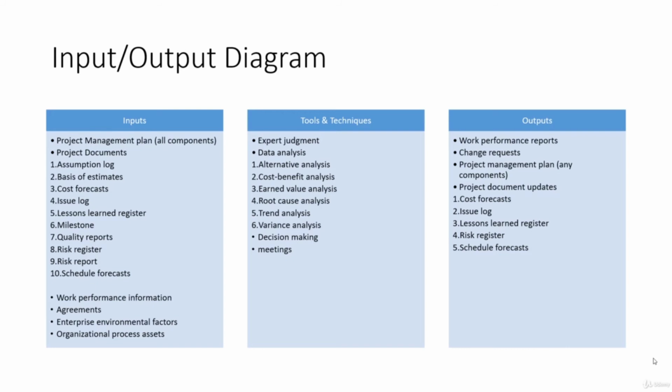And then we have tools and techniques. So we have expert judgment, data analysis, and within data analysis we have alternative analysis, cost benefit analysis, earned value analysis, root cause analysis, trend analysis, variance analysis. So alternative analysis is basically used to select the corrective actions or a combination of corrective and preventive actions to implement when a deviation occurs.